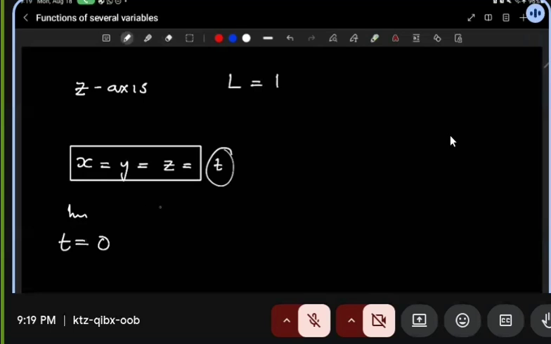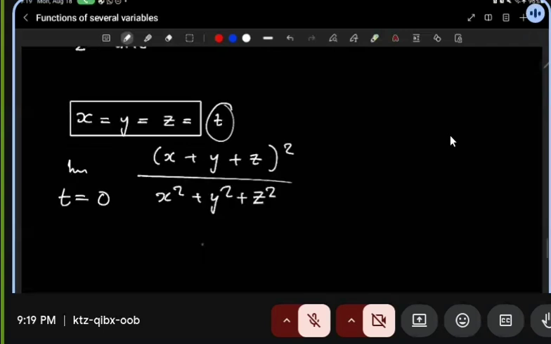And then for our function, remember we had x plus y plus z, squared, over x squared plus y squared plus z squared. But where there's x, we're putting t. Where there's y, we're also putting t. Z, we're still putting t. And this is squared.